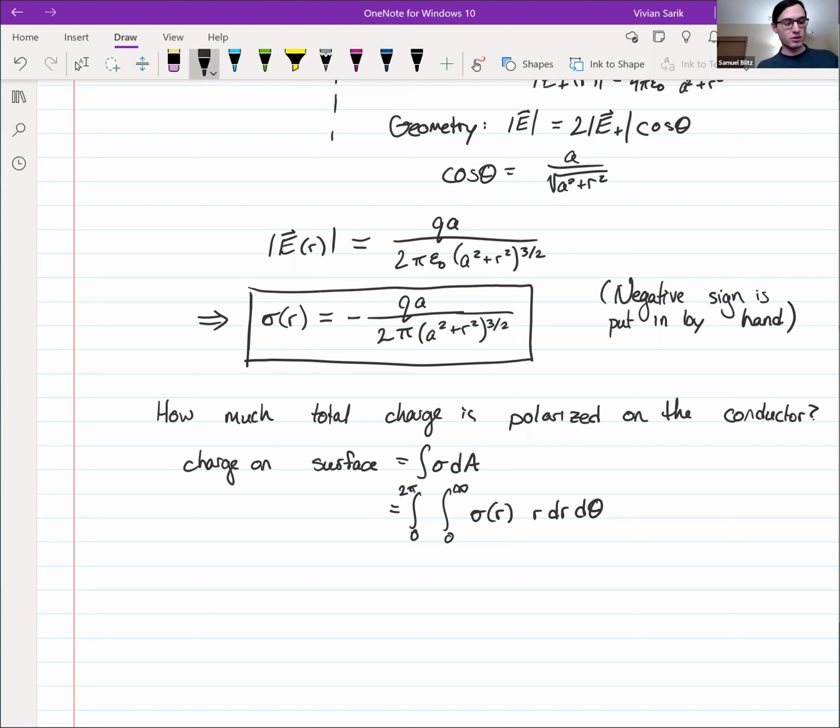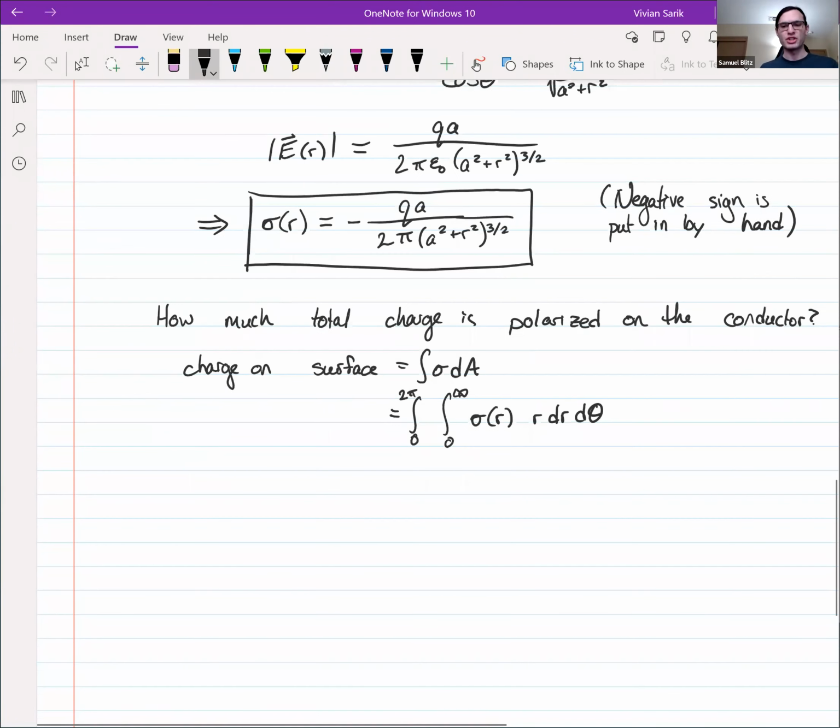And so you can actually just do this integral. It's not super challenging to do, but takes a bit of effort. You have to do a substitution, some stuff like that. But at the end of the day, what you end up with is that the total charge that's been polarized on the conductor is negative Q, which is good because that's exactly what you would expect to happen.